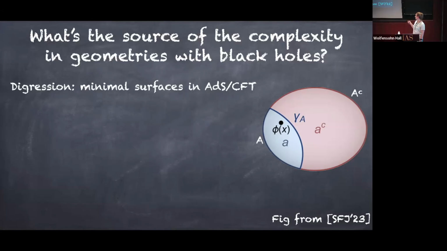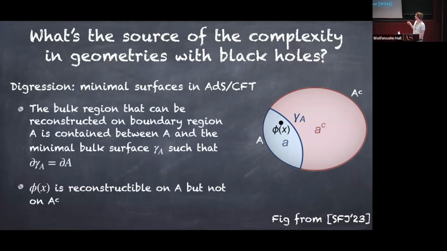In this picture, we split our boundary into two regions, A and A complement. And the minimal surface of A, or equivalently of A complement, is defined as a surface which has the same boundary as A, which goes through the bulk and is the minimal such surface.